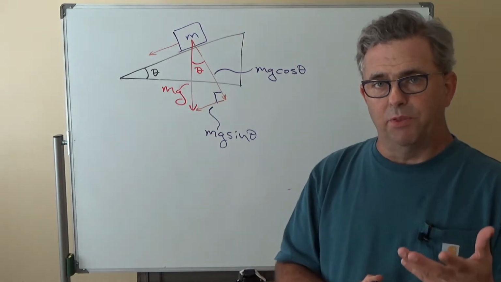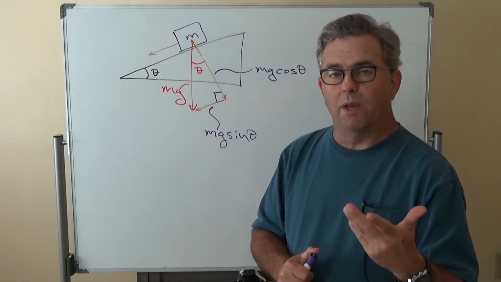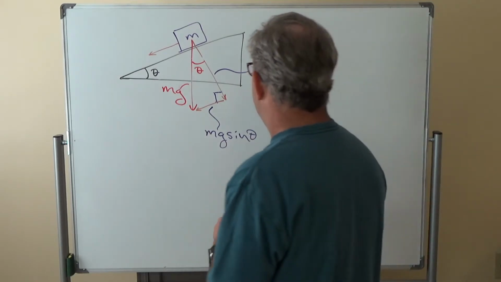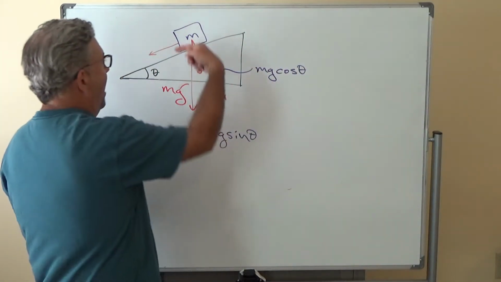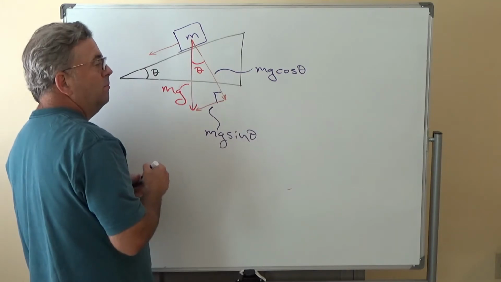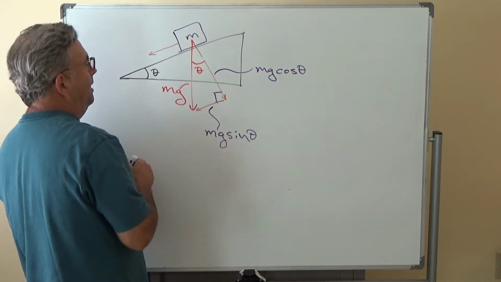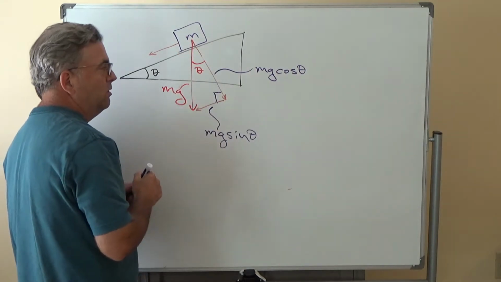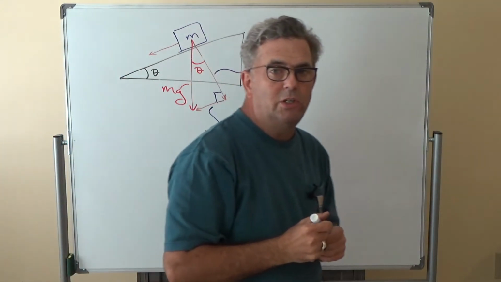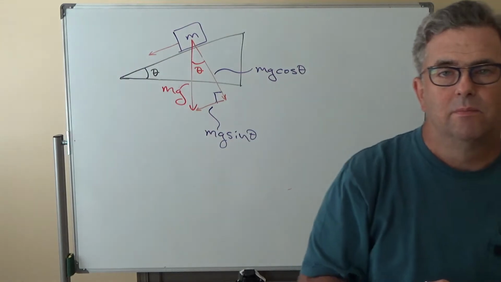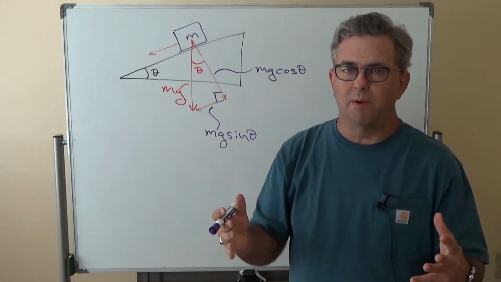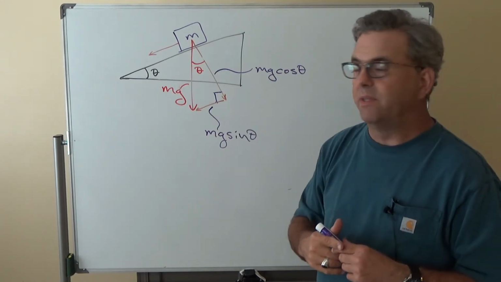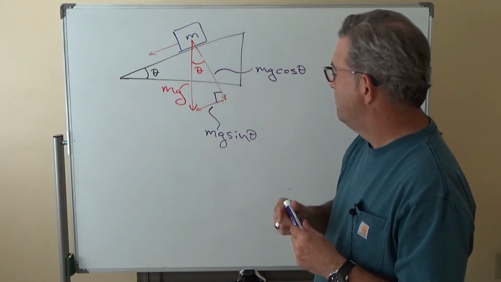We'll have to keep up with the direction depending on which way we define our coordinate system. That component that is parallel to the plane is mg sine theta. That component that's perpendicular to the plane is mg cosine theta. All right, you need to commit that to memory so you don't have to derive it every time, but this is the way you derive it.